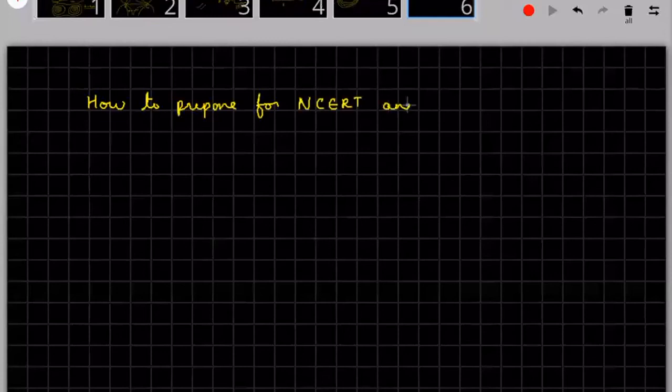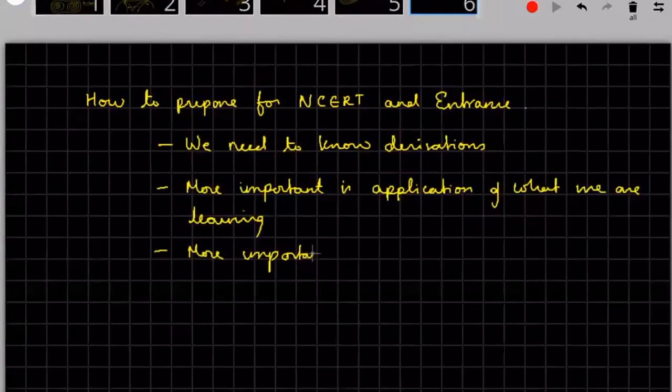So here we need to know derivations, but more important is application. Okay, so this is what is more important than other things. Was the screen lagging even now?